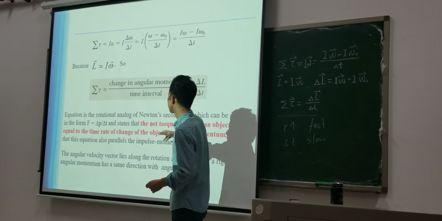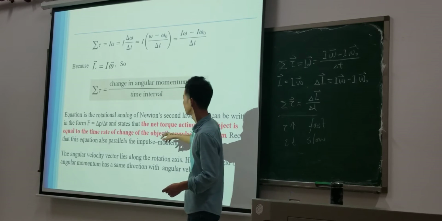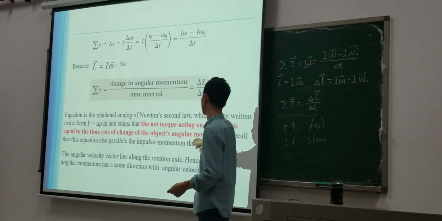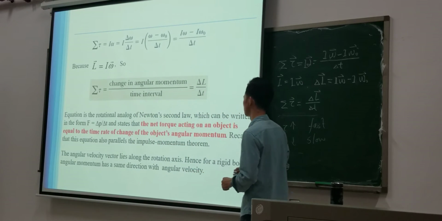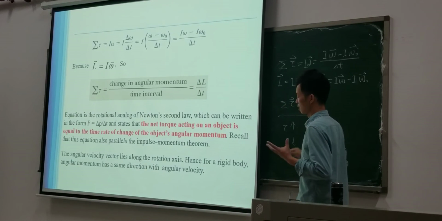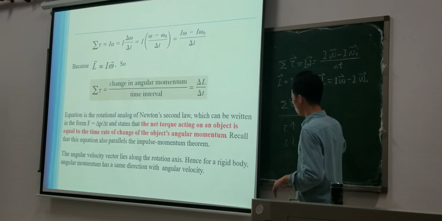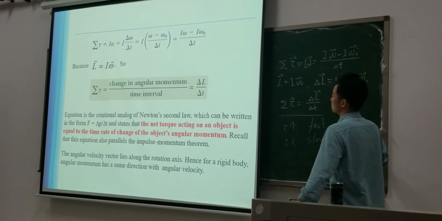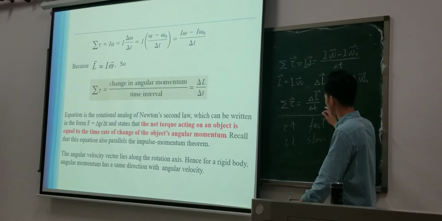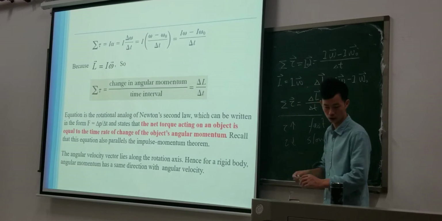It states that the net external force acting on an object is equal to the time rate of change of the object's momentum. So we must remember the torque will change the angular momentum, and the rate is determined by the torque.